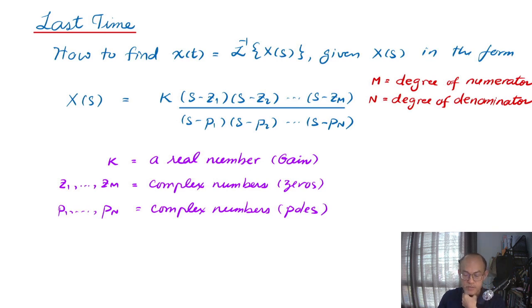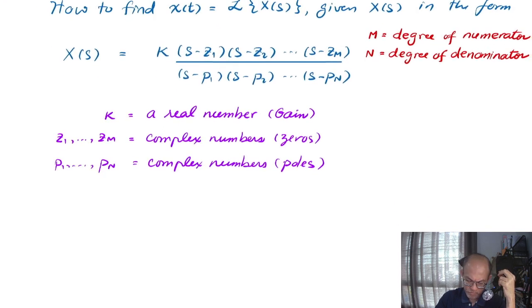In general, the behavior of x(t) is almost always described by the character of the poles. We will consider three cases.